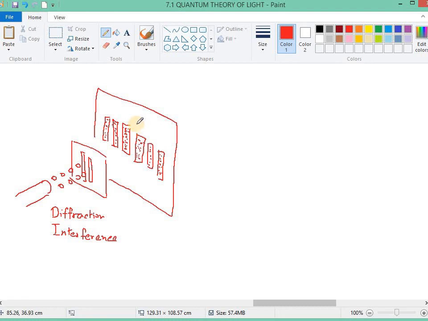From this interference pattern, we can get x. If you still remember, x is the distance between consecutive antinodal to antinodal lines and nodal to nodal lines. Then you can get the distance d, which is the distance between the two slits. From these three variables, the wavelength of the electron is equal to ax over d.